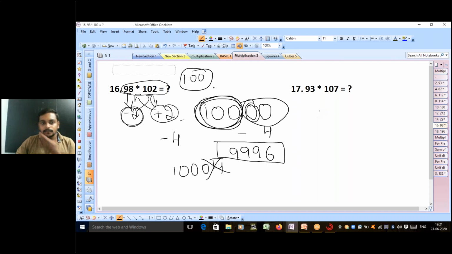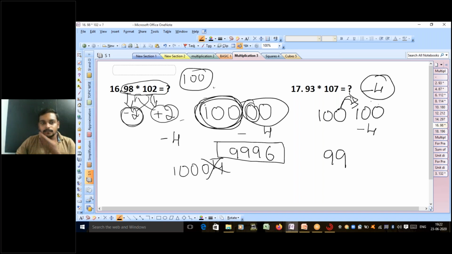Just assume the left part of the answer is 100, right? So on the right-hand side we have minus 4. We can't subtract 4 from any number, here we don't have any number. So for that you have to take a carry forward of one number. If we take carry forward one number, 100 becomes 99. In this situation, if you take one number, it denotes 100.